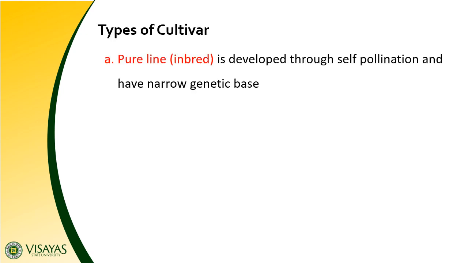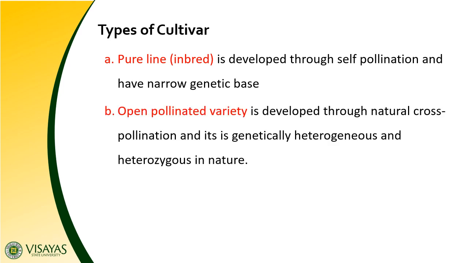So now let's proceed to the different types of cultivars. First, you have pure line or inbred. This is developed through self-pollination, and due to this process, it has a narrow genetic base. Second, you have the open pollinated variety. This is developed through natural cross-pollination, and due to this process, it is genetically heterogeneous and heterozygous in nature.